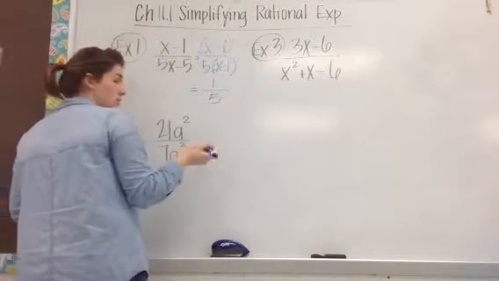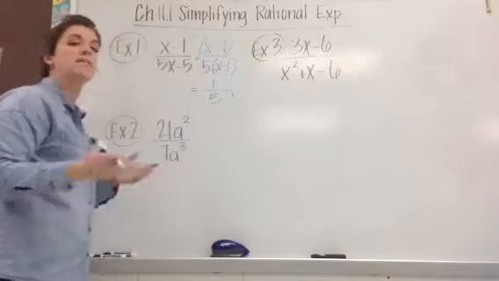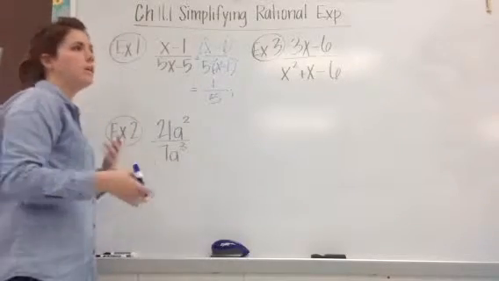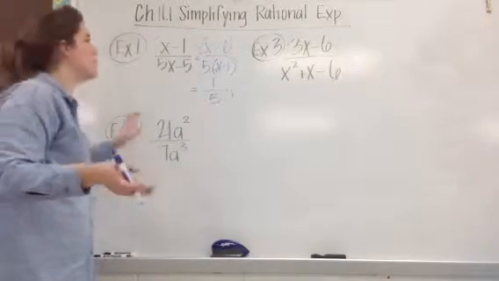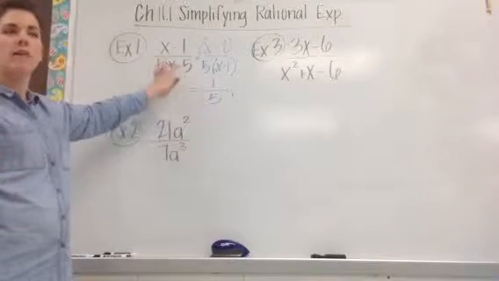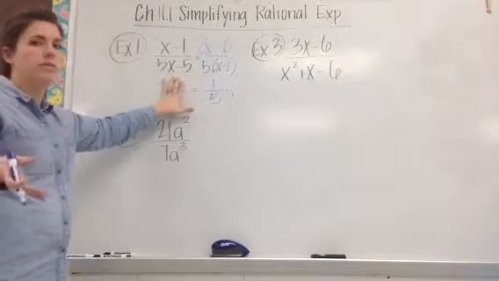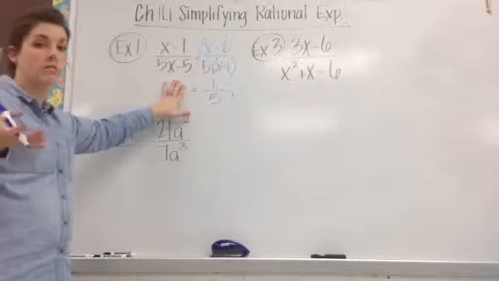And that's your answer. Also, you have to answer the question, what are any excluded values, if there are any? Really what you're asking yourself is, what value for x would make the bottom 0, because you can't have 0 in the bottom of a fraction, so that would be an excluded value.